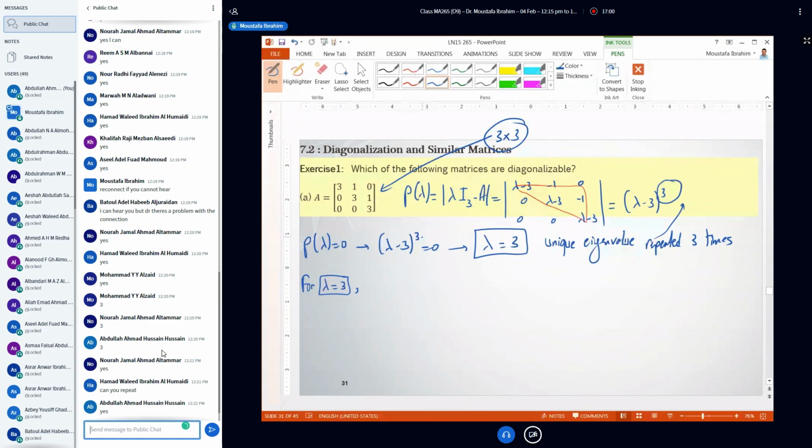(Lambda minus 3) cubed equals 0, so lambda equals 3. Here, if you take the cube root, you will get lambda minus 3 equals 0, so lambda equals 3. You understand it now?